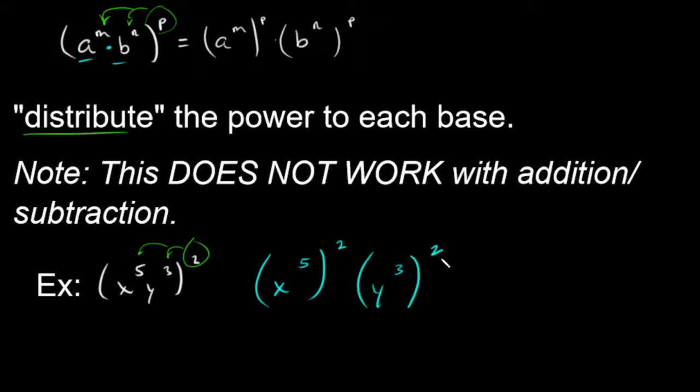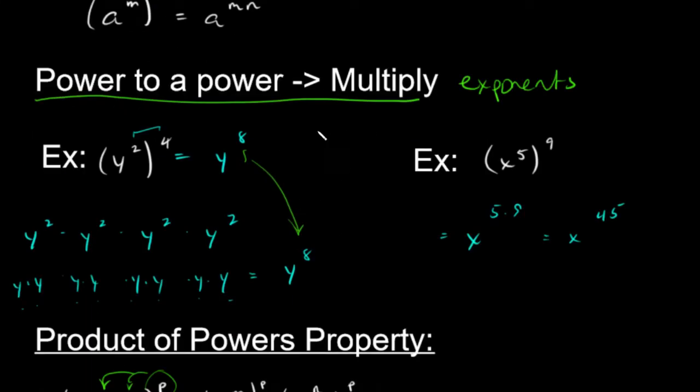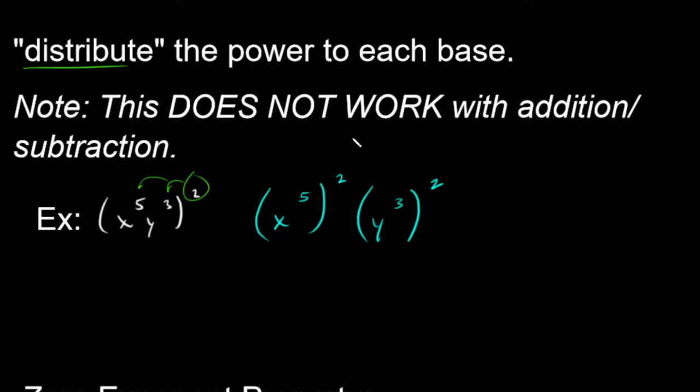And this goes back to the power to a power property, where you multiply the exponents. So here, you would take 2 times 5 and 2 times 3, and you would get x to the 10th, y to the 6th.